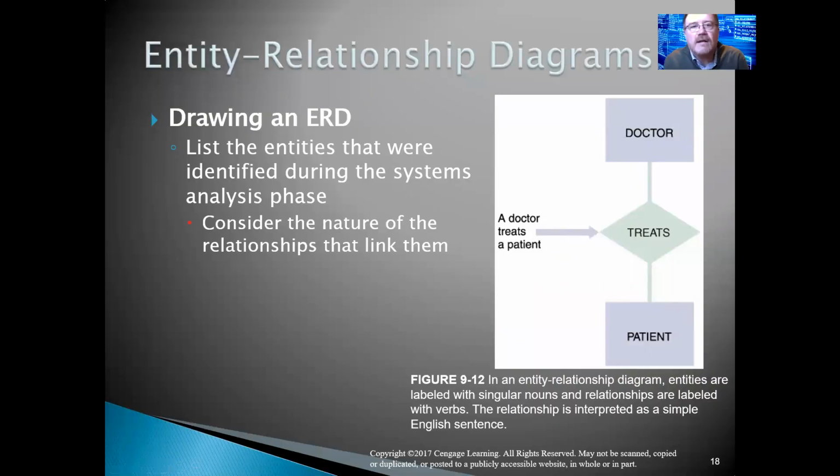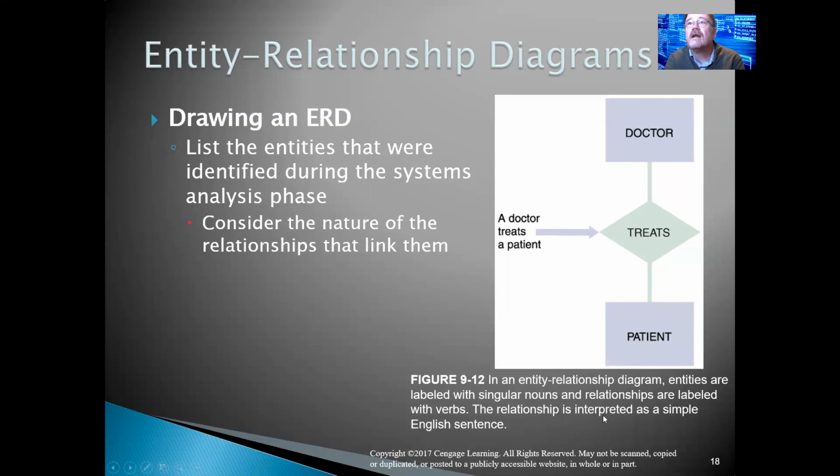Now, we can draw diagrams for this, and here they're using the Chen notation. First of all, Chen notation is wonderful, but I would encourage you not to necessarily use that kind of notation because, quite honestly, it's not used a lot in industry. But it's going to be shown a lot in the book, so you may as well see it.